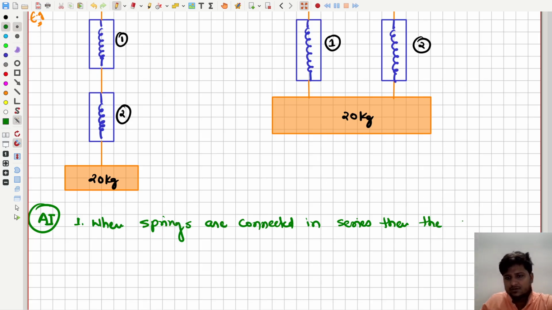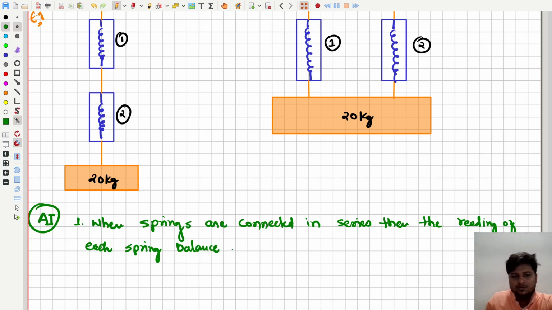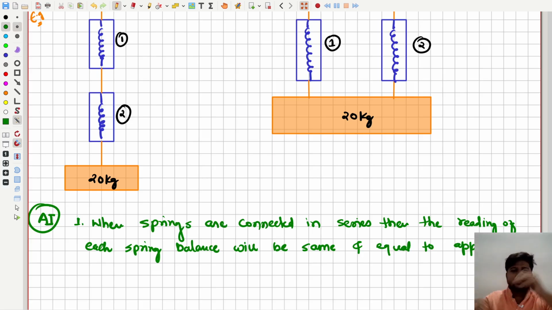Okay, then the reading of each spring balance will be same and equal to applied load. Is that clear or not?